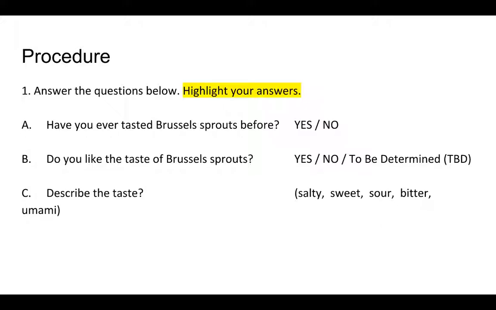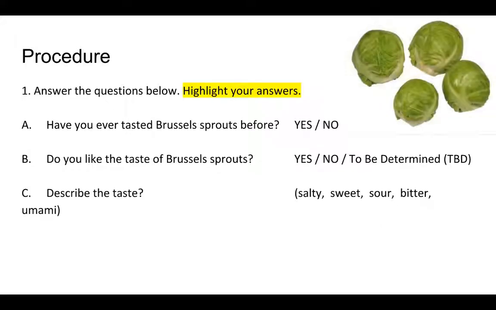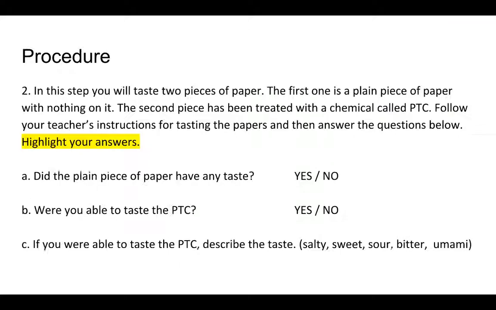It is similar to soup broth and cooked meats. It is the actual flavor of glutamate, which is found in a lot of Asian cooking. Oh yeah, by the way, that's what Brussels sprouts look like. They look like little cabbages.